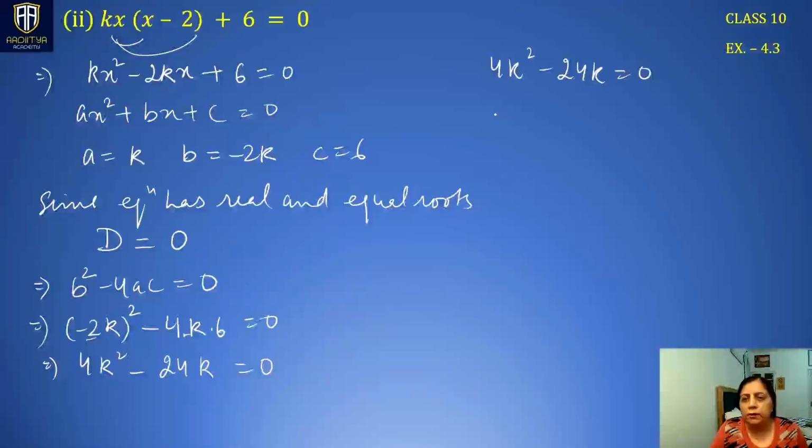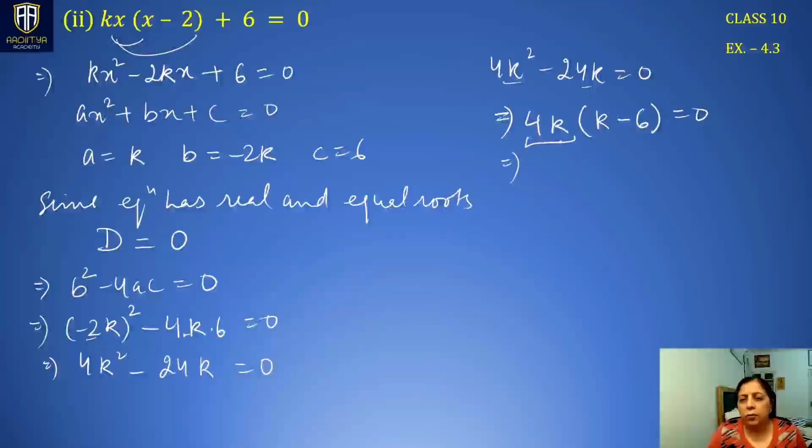Now to factorize this, we have to take out common terms first. In both the terms, 4 number is common. 4 is common to both. K square and k, 1 k is common. After that, we are left with k minus 6. Right? So now we have factorized the LHS.